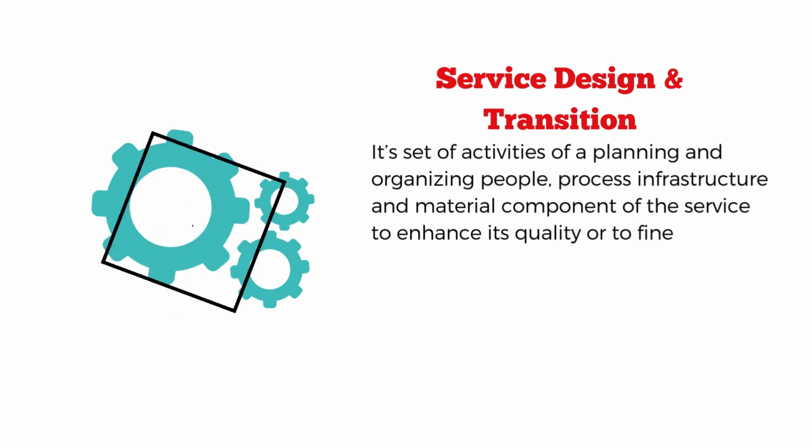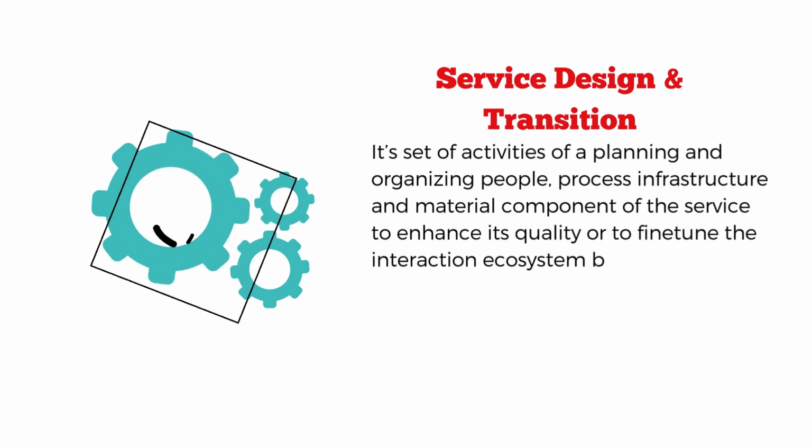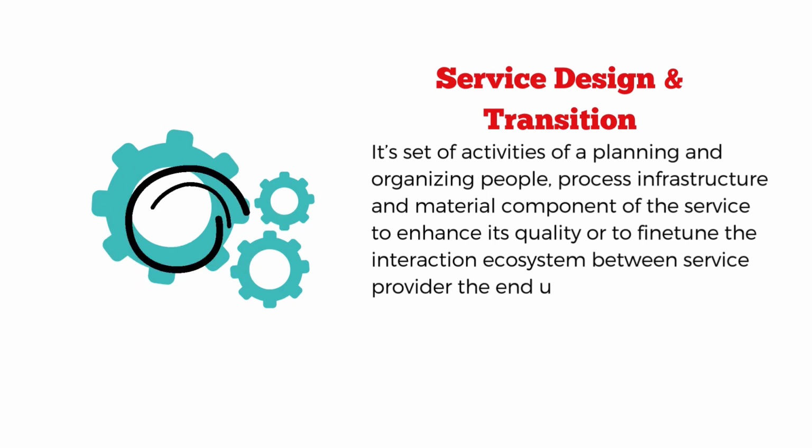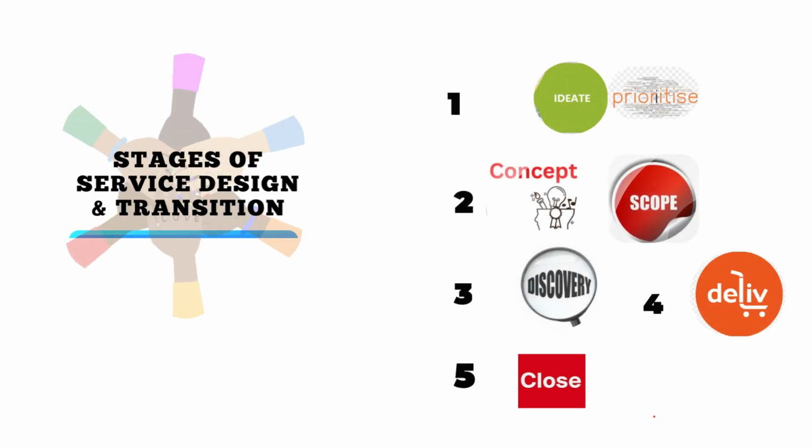Let's go to the service design and transition stages. This design and transition work is categorized into 5 different stages. Start with the first one, ideate and prioritize. Under ideate and prioritize, we try and see what has been given to us.